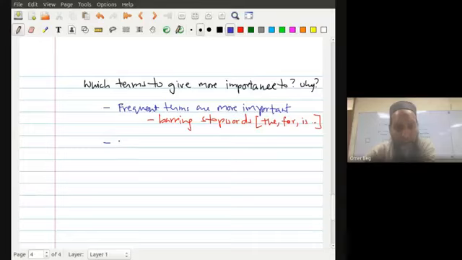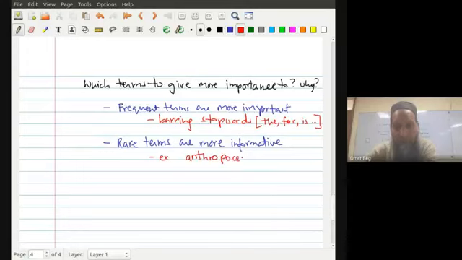Another measure of importance are rare terms. And this is sort of counterintuitive, but you will figure this out by the end of the lecture. Rare terms are more informative. So if terms rarely occur anywhere, for example, the word anthropocentric, a rare term, anthro means something related to human beings.